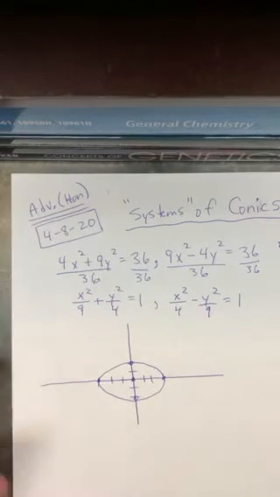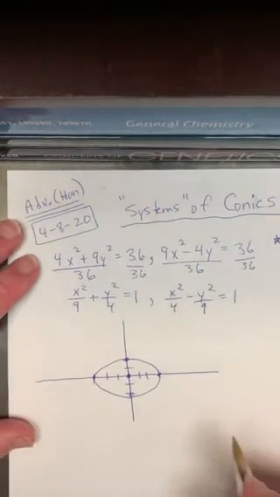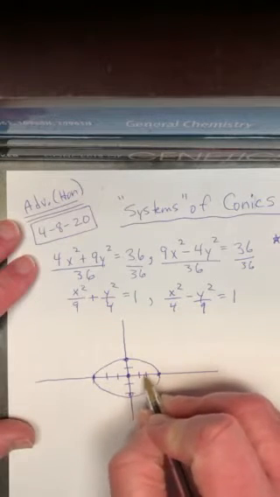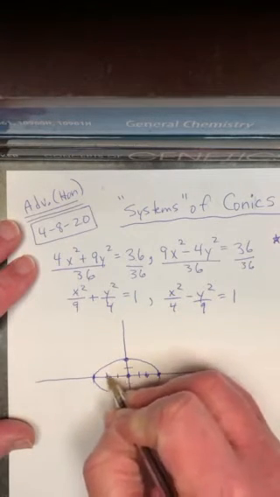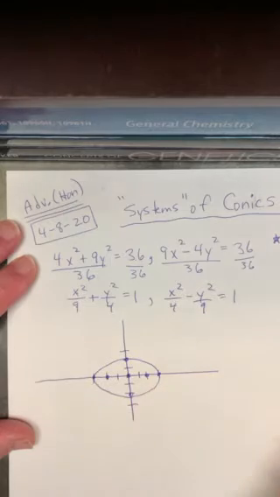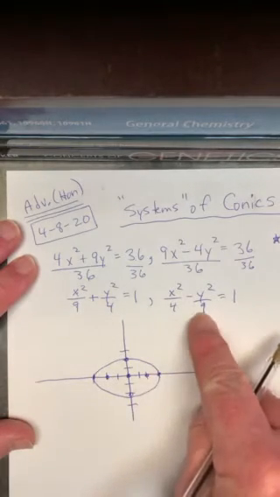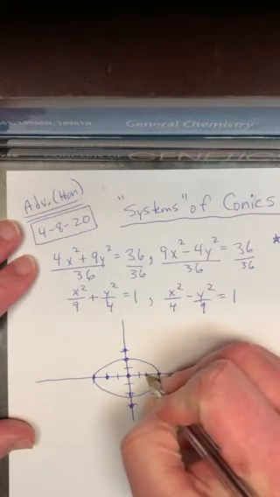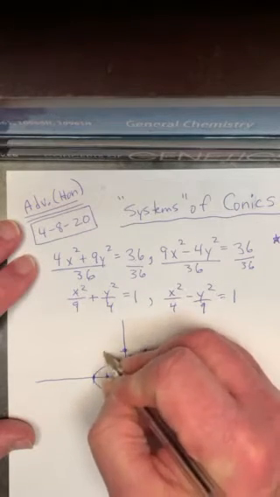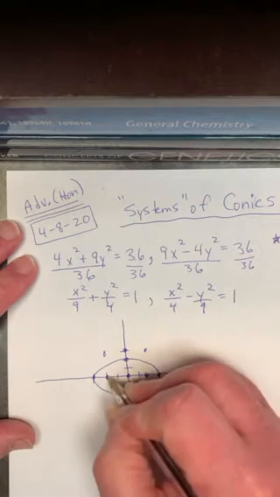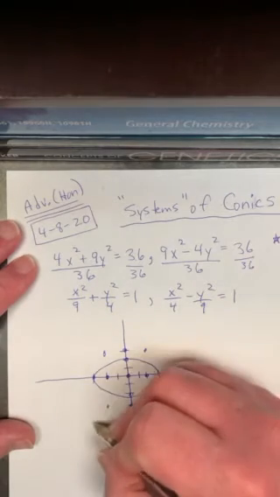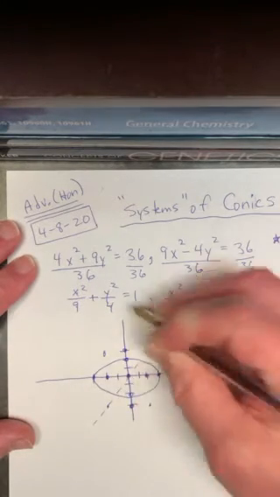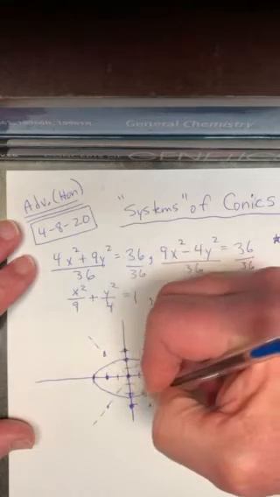The hyperbola, center is still 0, 0. The x squared has a 4 under it, so I go right 2, left 2. The y squared has a 9 under it, so I'm going to go up 3, down 3, and then make my corners with an asymptote and an asymptote.